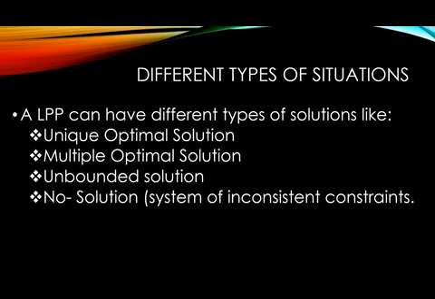But here I am not getting that orange region. That situation arises because the system of constraints that I have is inconsistent. This no solution type is also called a system of inconsistent constraints. That also we will look at with an example.